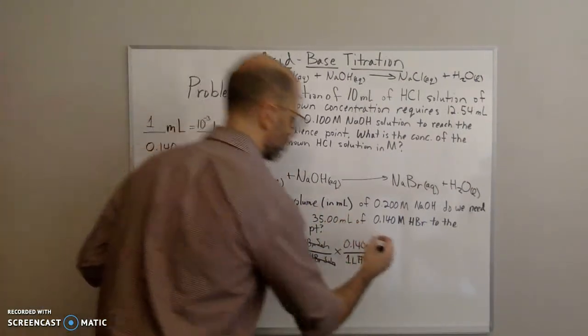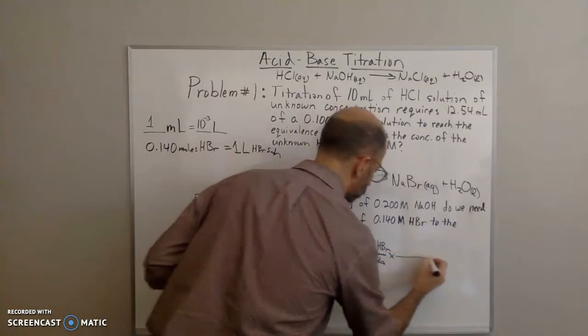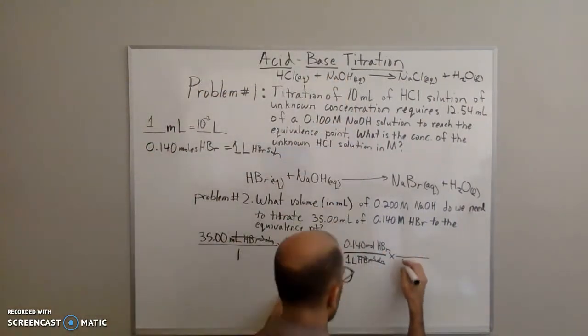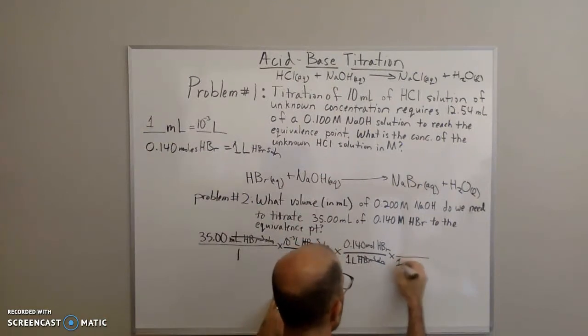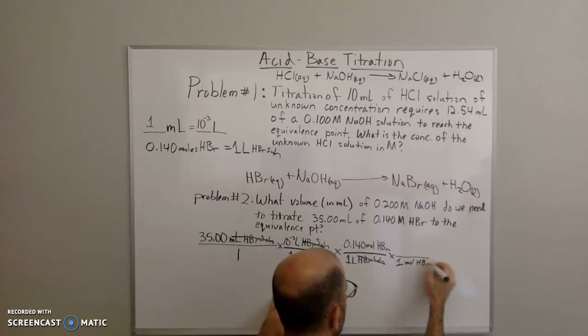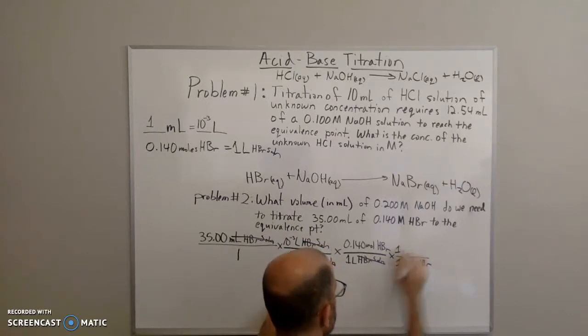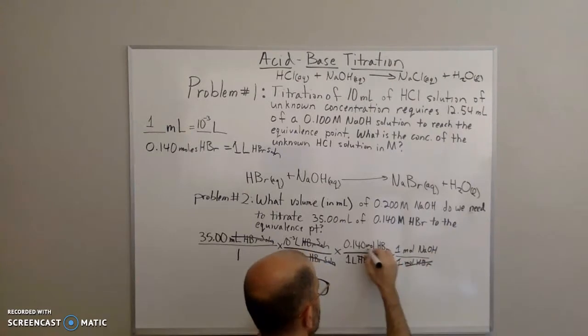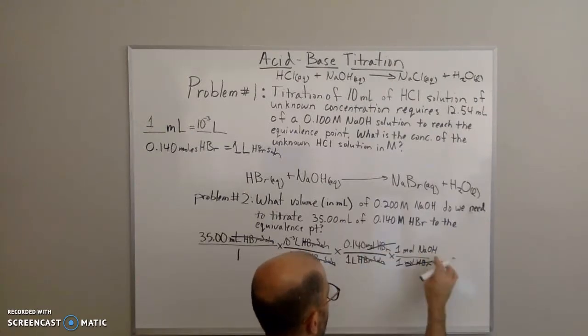So I'm going to use the mole ratio in my balanced equation, which is 1:1. So 1 mole of HBr on the bottom to cancel out with moles of HBr on top, and 1 mole of NaOH on top. So moles of HBr cancel out. I have moles of NaOH now.